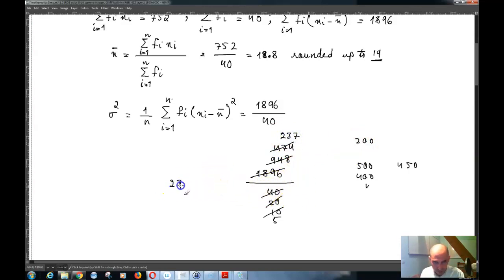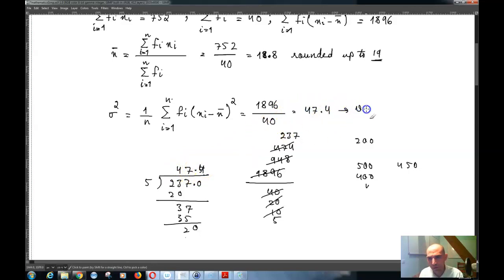Now 237 divided by 5: 4 times 5 is equal to 20, 3 remainder, 37, 5 times 7 is 35, 2 remainder, 20, so 5 times 4 is 20, and that's 47.4. 47.4 is your variance.